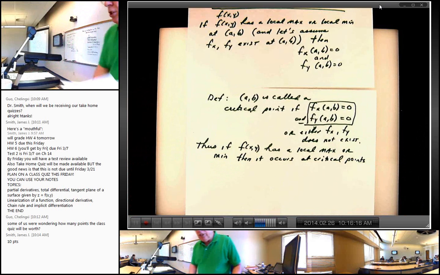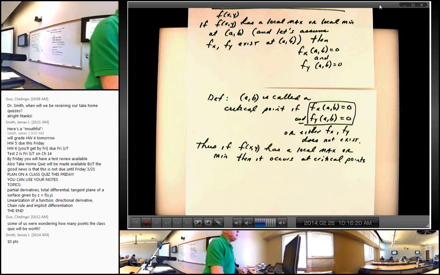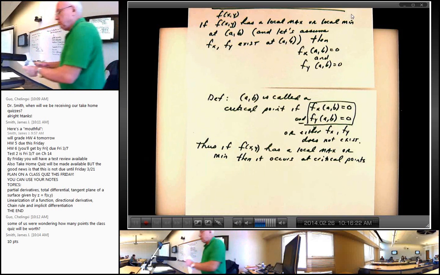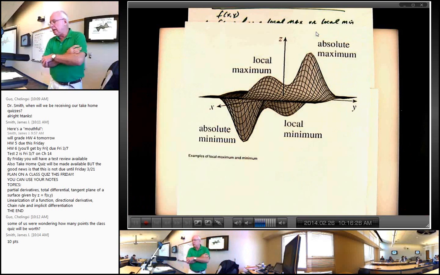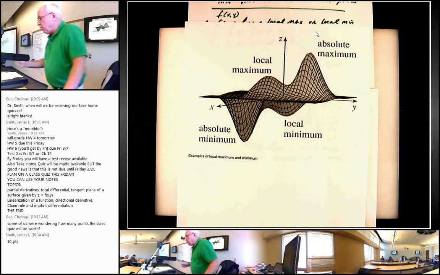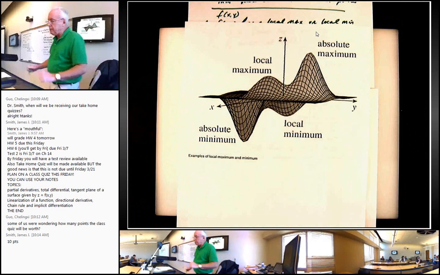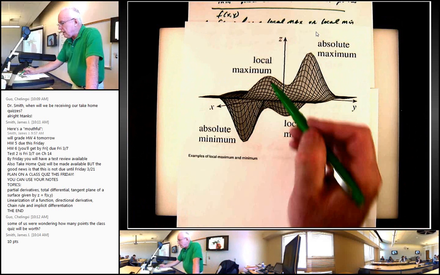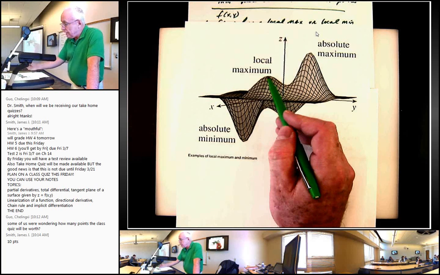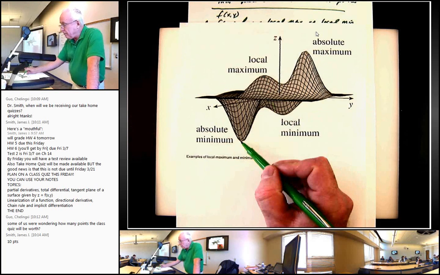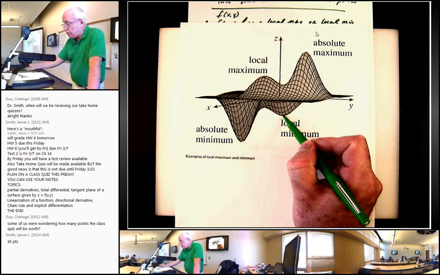All right, let me just show this little diagram here of what these local maximums and minimums look like. Basically, we know that these surfaces can be rounded and go all over the place. Right here, we have the top of a smooth hill. We have a local maximum. Down here, we have a local minimum at the bottom of the valley, so to speak.